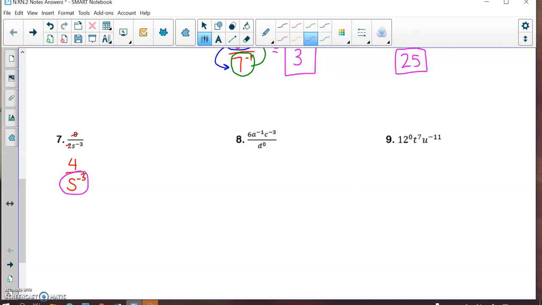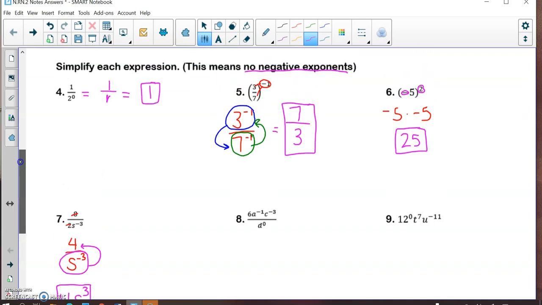Since it's in the denominator, it will need to be brought into the numerator in order for it to be positive. So I have a 4s to the +3rd power in my numerator, and then there's no number left in the denominator. Technically, there's a 1 in the denominator, but we don't have to write that. So this is my finalized answer here.